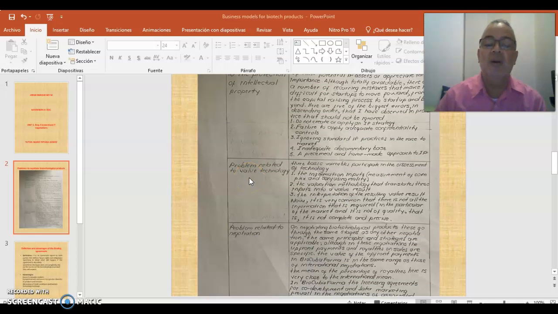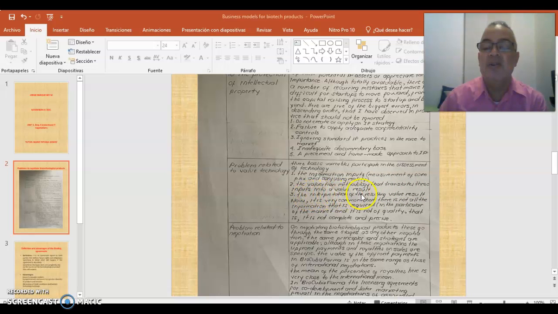Problems related to valuing technology. 3 basic barriers participate in the assessment of technology. The information input: measuring a complex and confusing reality. The value evaluation methodology, which then translates this input into a value result.